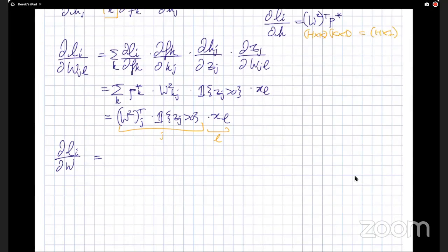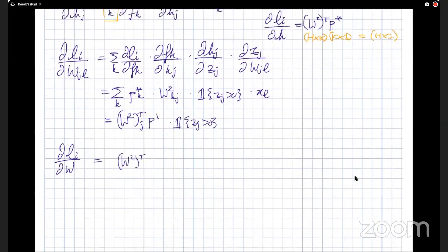Let me get rid of that and move this. There should be a P star here, and then times XL.